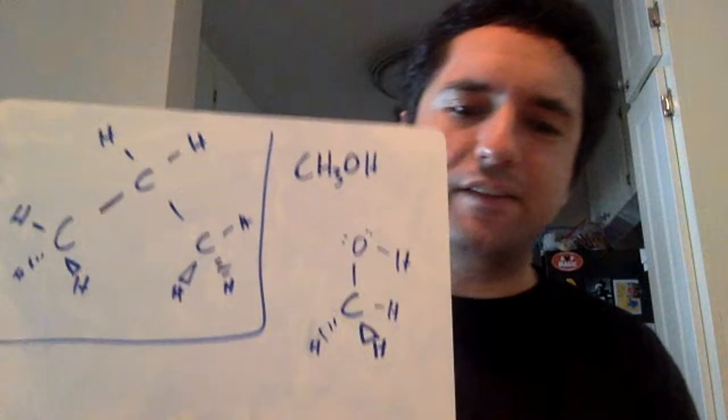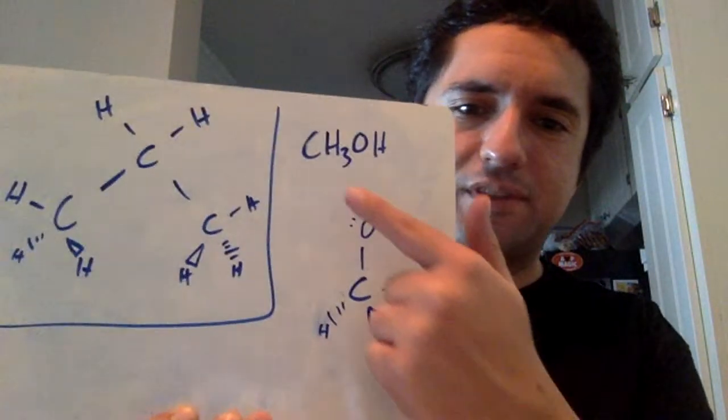Sometimes these things have more than one shape within them. Like I think there was one on a quiz that we had, or it might have been a homework assignment. I can't remember, but it was CH3OH.